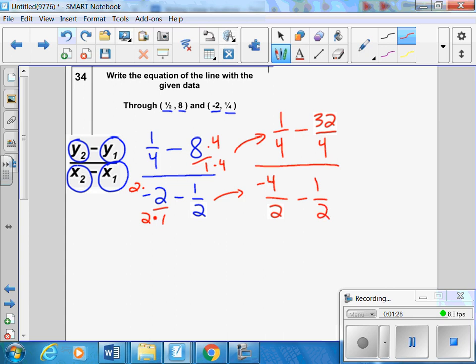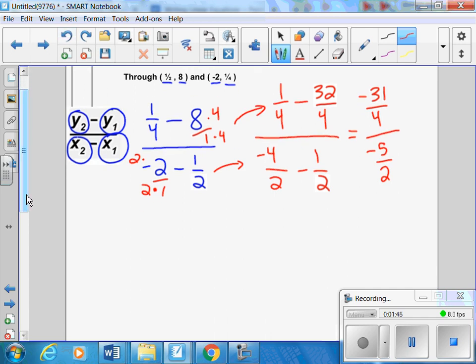So let's take 1/4 minus 32/4, which is -31/4. Let's take -4 over 2 minus 1 over 2, which is -5 over 2. And so now we're going to rewrite this as a fraction being divided by another fraction: -31 over 4 divided by -5 over 2.